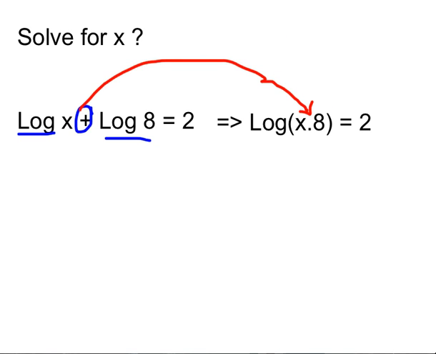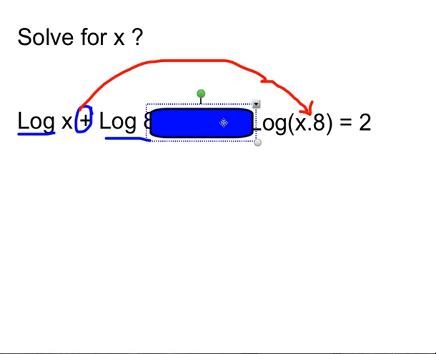Now we have to evaluate this log. In order to evaluate a log, in order to find what x is, we have to switch to the definition of logarithmic functions. We had a method where we cover log and whatever is in front of it in order to reach the exponent form of a log and evaluate the function.